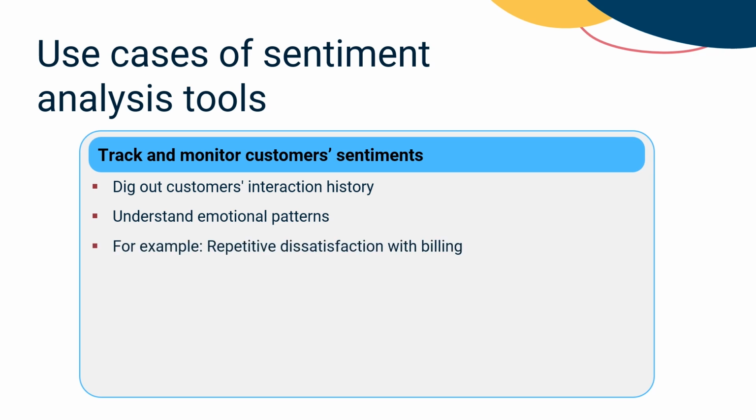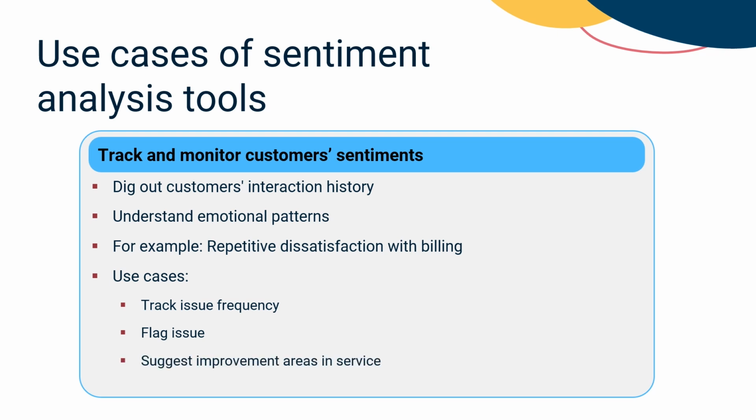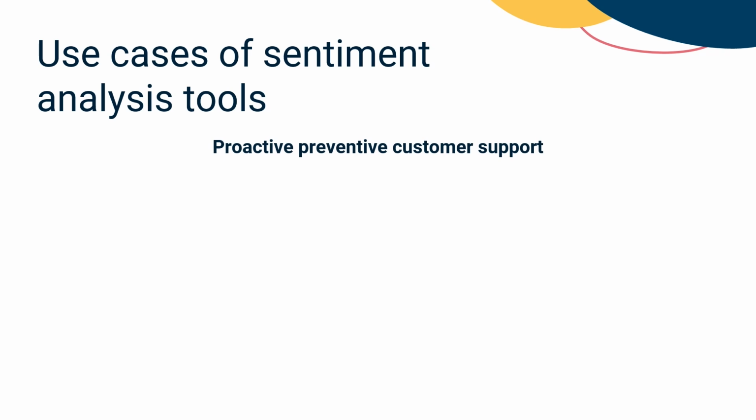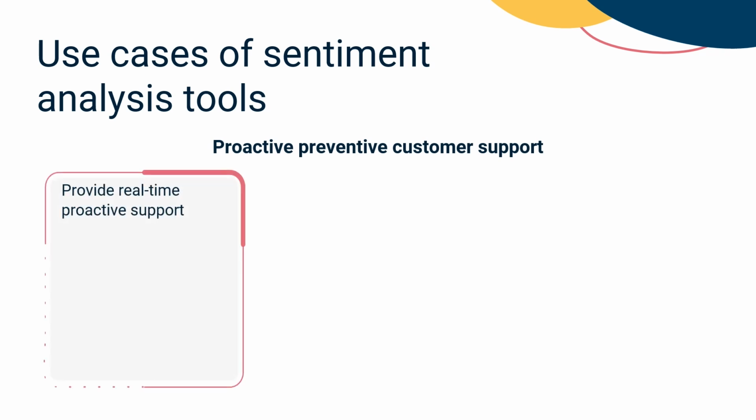As an example, consider a customer who is repeatedly dissatisfied with the billing service. In this case, the generative AI sentiment analysis tools track the frequency of the repetitive issue, flag the issue ticket to the support agent, and suggest improvement areas in the service to the support team. Generative AI sentiment analysis tools can also provide real-time proactive customer support based on customer sentiments.